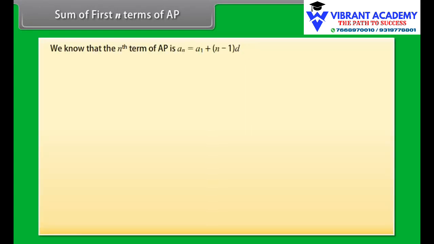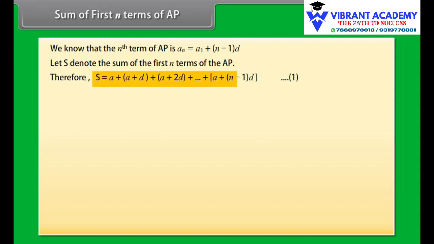We know that the nth term of AP is an is equal to a1 plus (n minus 1)d. Let S denote the sum of the first n terms of the AP. Therefore, we have S is equal to a plus (a plus d) plus (a plus 2d) plus so on plus (a plus (n minus 1)d).